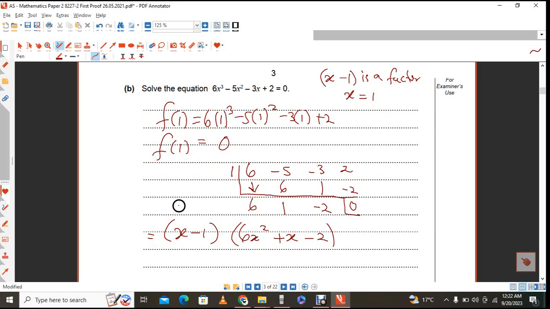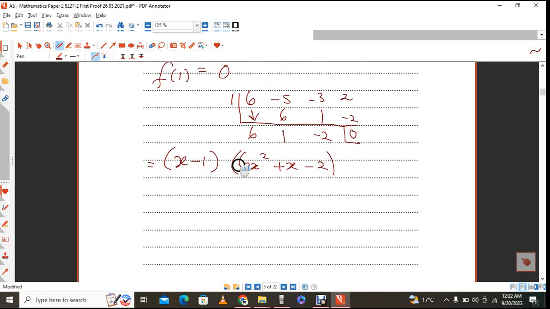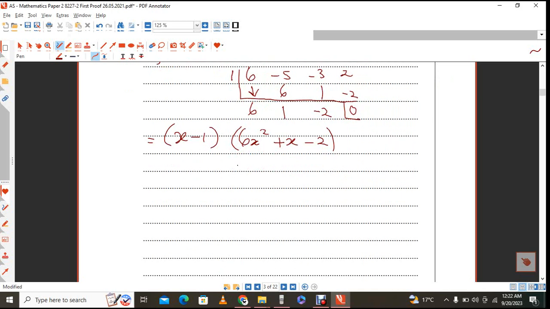So the important part is just for you to solve the quadratic part, and the quadratic part you can easily solve by factorization. So this is x minus 1.